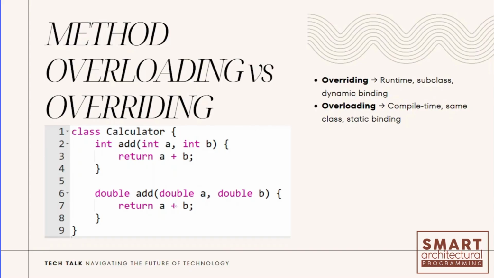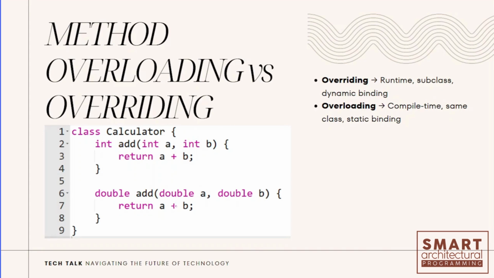Overloading happens within the same class with methods of the same name but different parameter lists, right? As you can see in the code here, we have int add and double add methods in the Calculator.